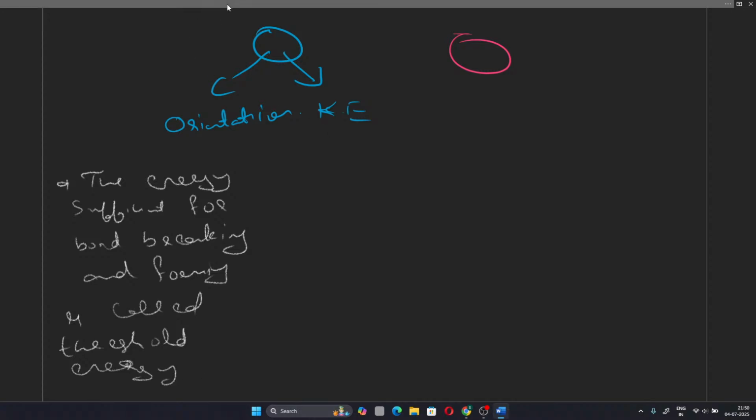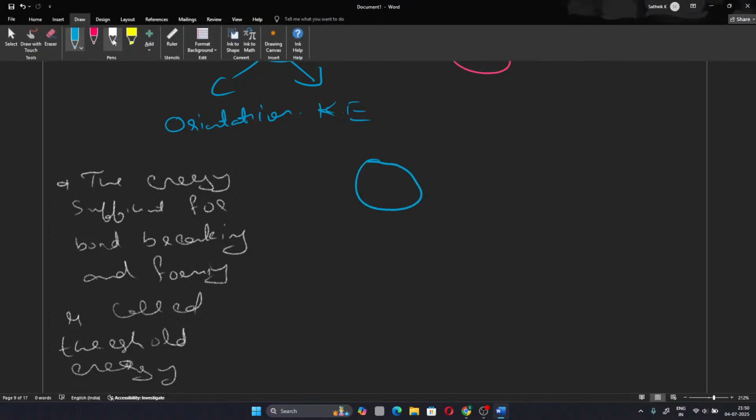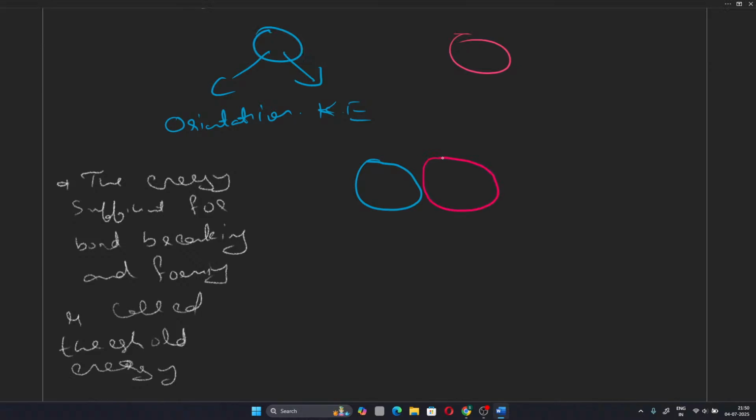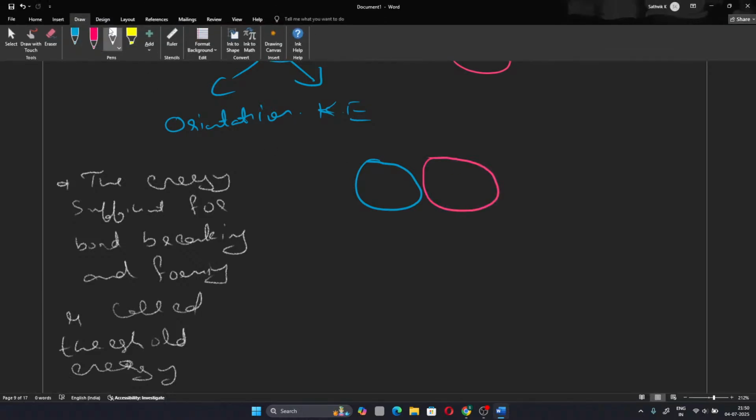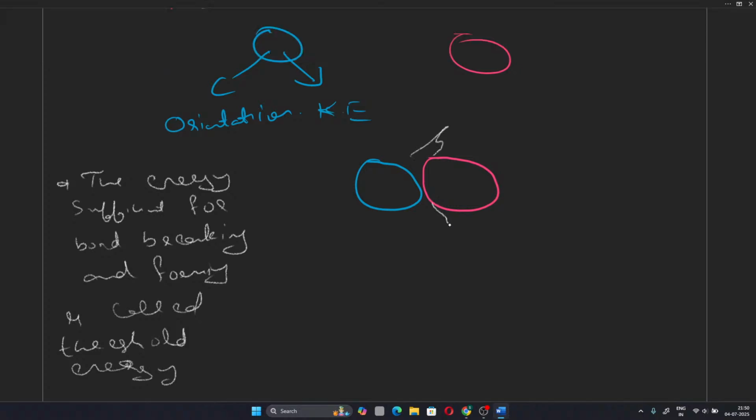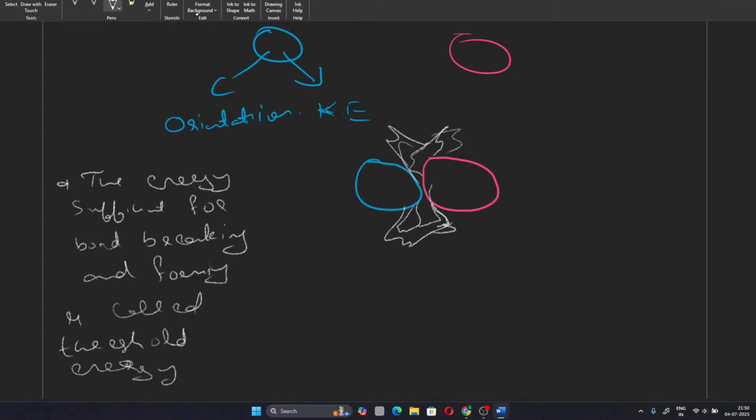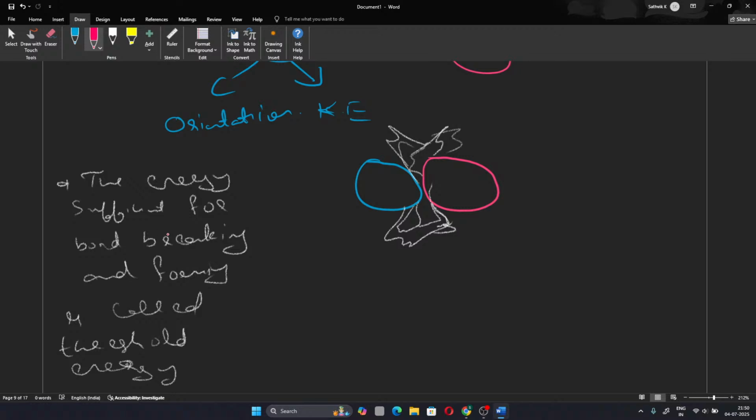When these two molecules collide, this is the collision. This collision should have enough energy to facilitate bond breaking and bond formation.